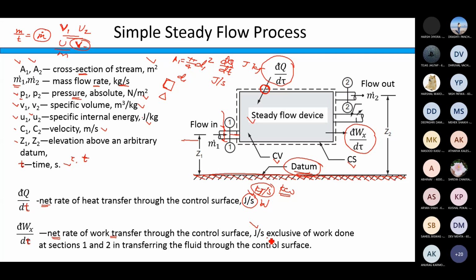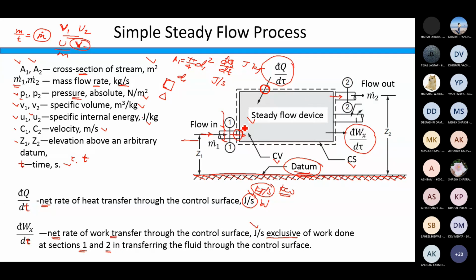Now this is important. This is exclusive of work done at sections 1 and 2 in transferring the fluid through the control surface. What is happening in this device is, when the mass is flowing through this inlet, it is forced through the control volume at this point. You are forcing the fluid in here, and here you are forcing it out of your system.